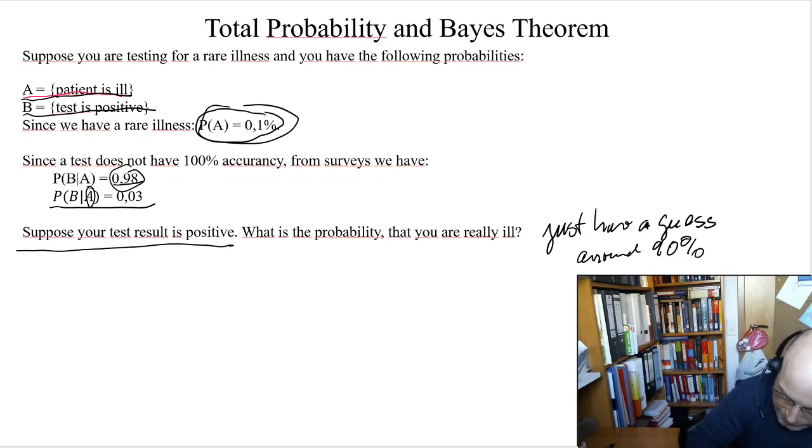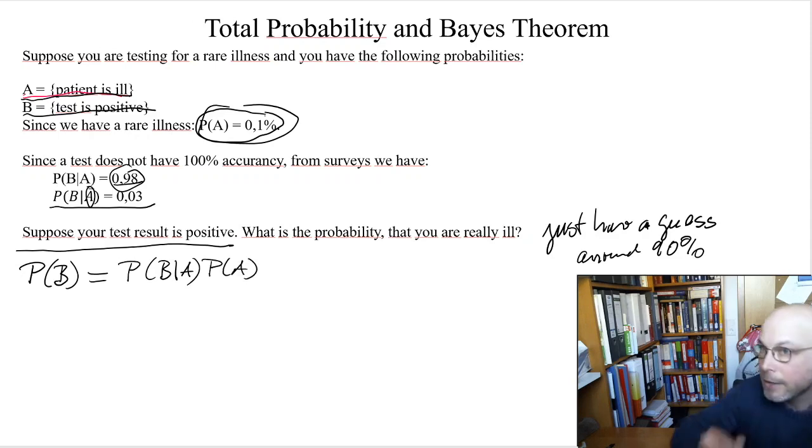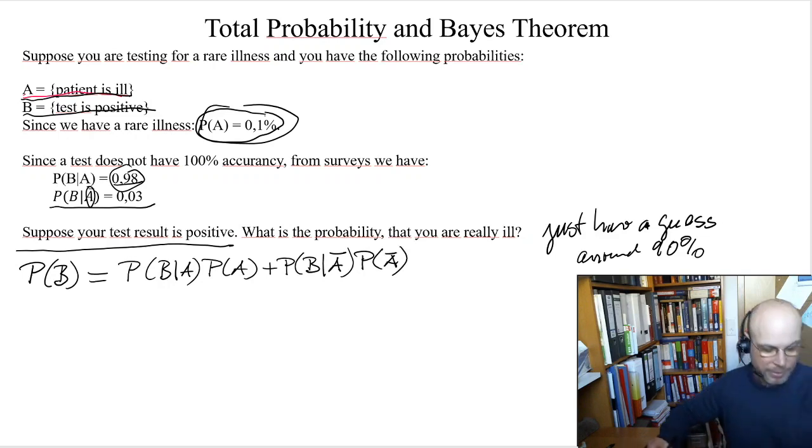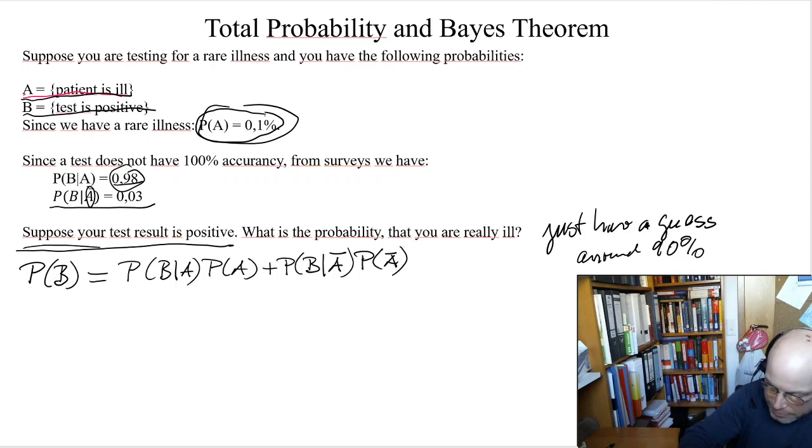So, P of B is P of B given A times P of A plus, again, like in the postman example, P of B given not A times P of not A. And what we want to know is, I have a positive test.